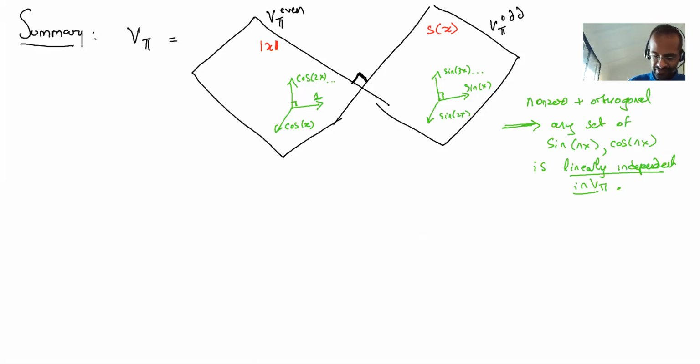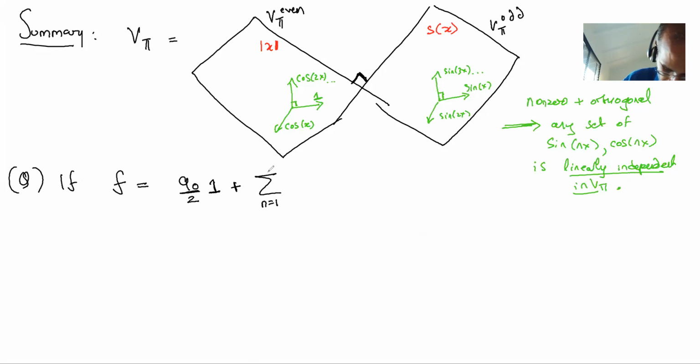So here's a sort of interesting question. If you have some function that's a linear combination, I'm going to write it in this funny looking way: a naught over 2 plus the sum from n goes from 1 to k of a n cosine nx plus b n sine nx.